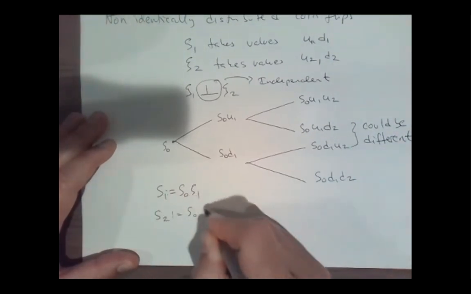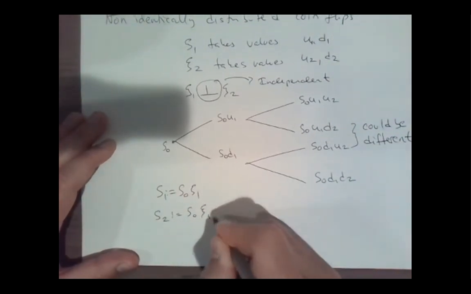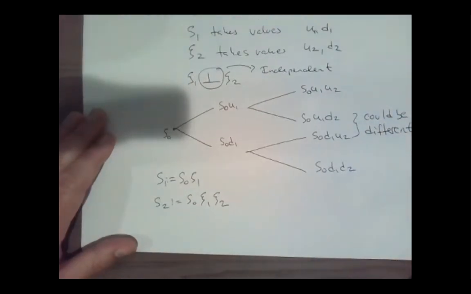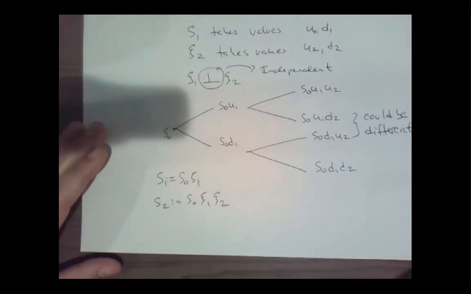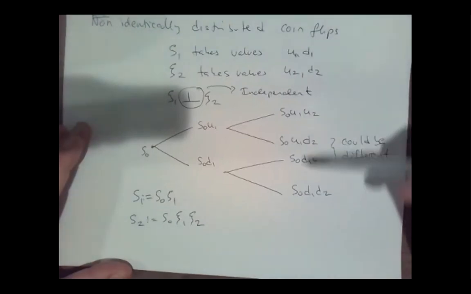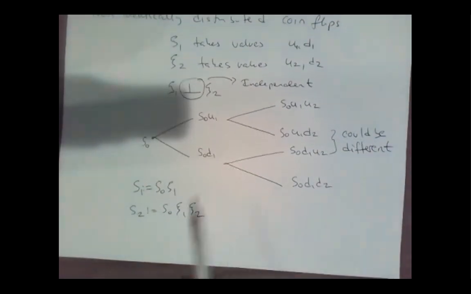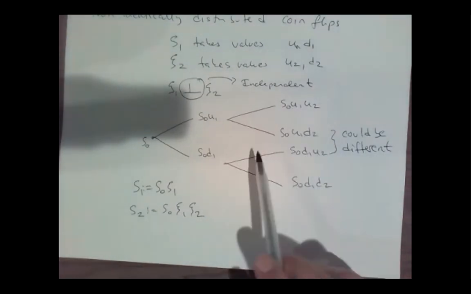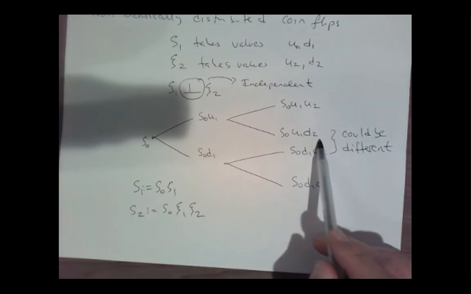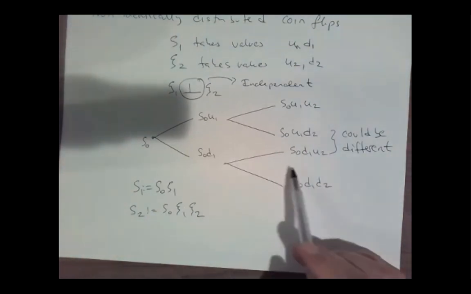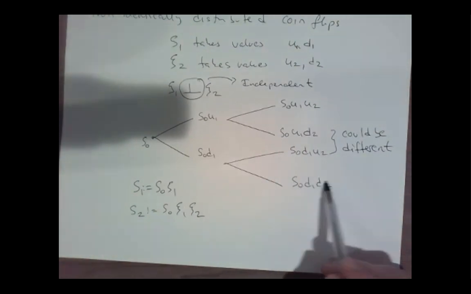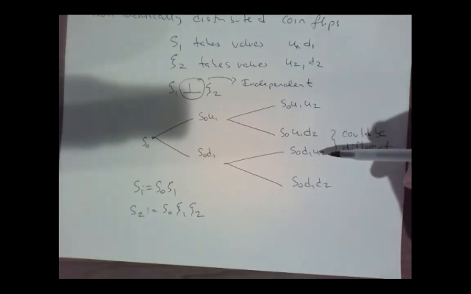This is my S0 times psi1 times psi2. And then I get the last column over here. If I map out the possible values that psi1 times psi2 can take, they can take u1 times u2, u1 times d2, d1 times u2, d1 times d2. So there are these four possible values.